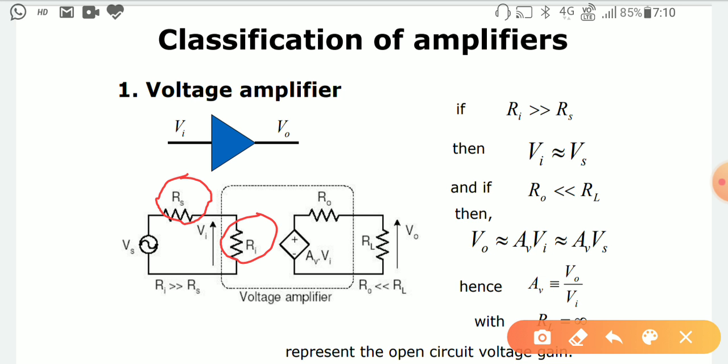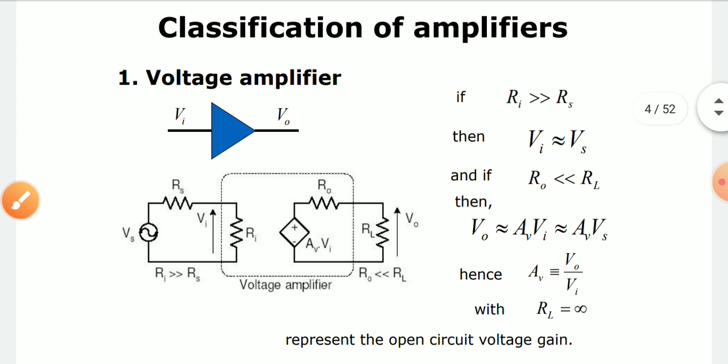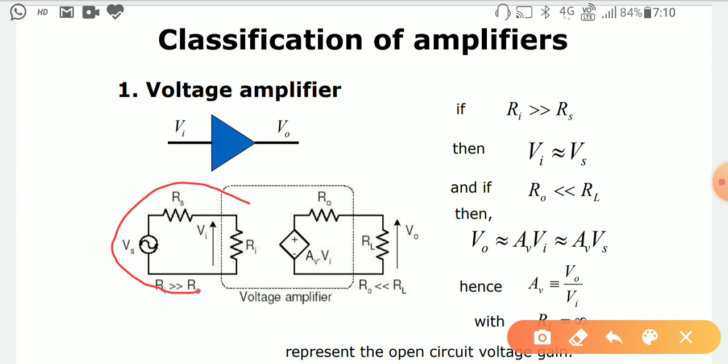If Ri is very much greater than Rs, you can conclude that Vi is nearly equal to Vs. If you apply KVL to the input loop, Vs equals Rs into Is, where Is is the source current and Is Rs is the voltage drop across Rs, plus Ri into Is.